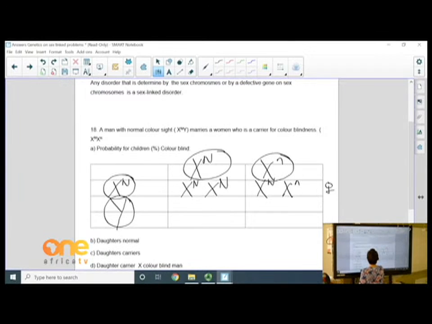There we will have now an X capital N and a Y, and X small n and a Y. And these will be the boys. Now, there's always a 50-50 percentage to have a boy or a girl, because we have a heterozygous and a homozygous crossing, always 50-50%, or 1-to-1.